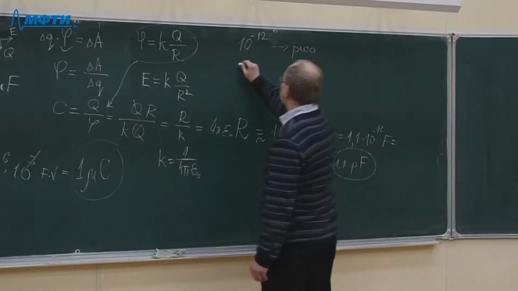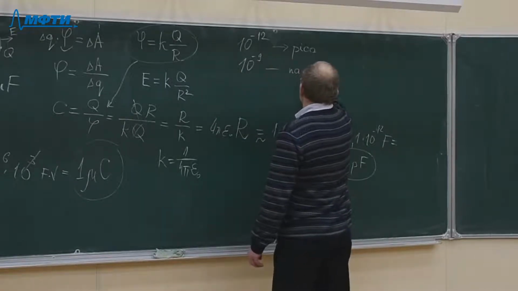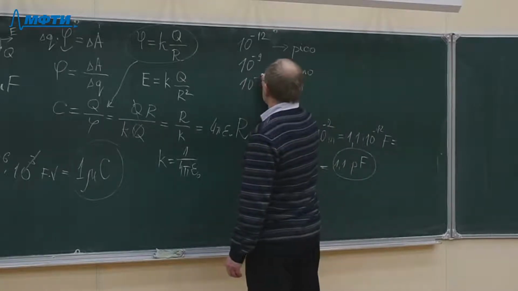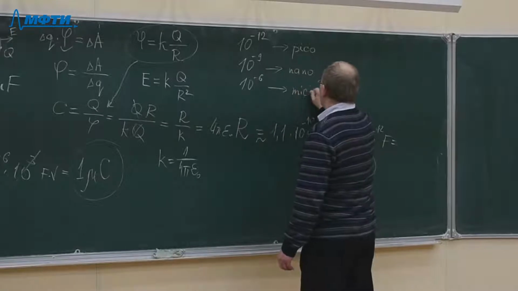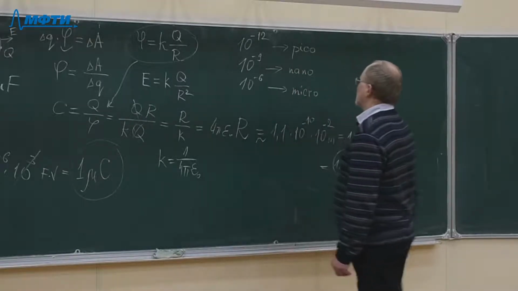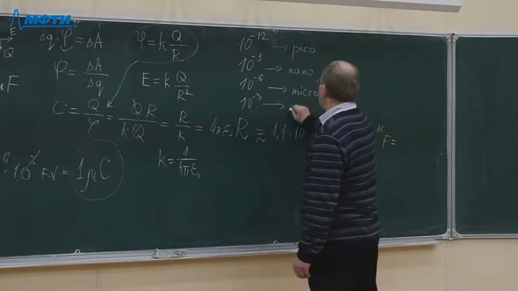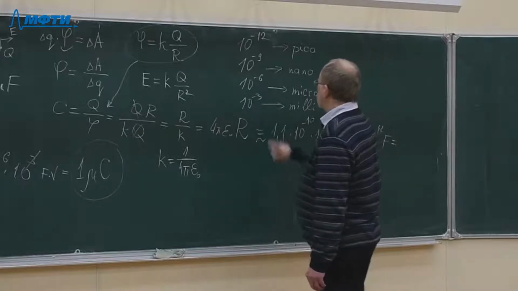If you have 10 to the minus 9, that will be nanofarads or nanoseconds, etc., nanometers. If you have 10 to the minus 6 power, that will be micrometer or microsecond, etc. If you have 10 to the minus 3 power, that will be like millimeter, millisecond, etc.